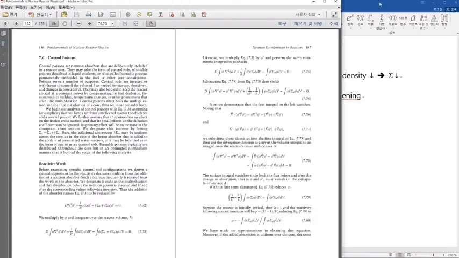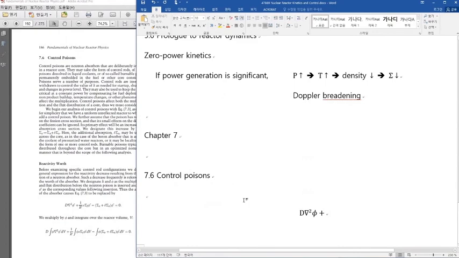This is the equation before inserting the reactivity, or before inserting the neutron poison.